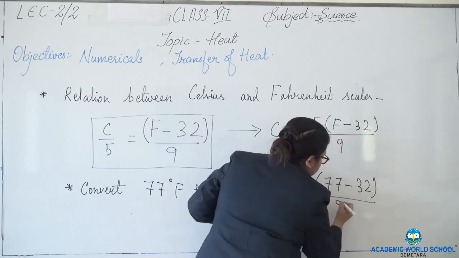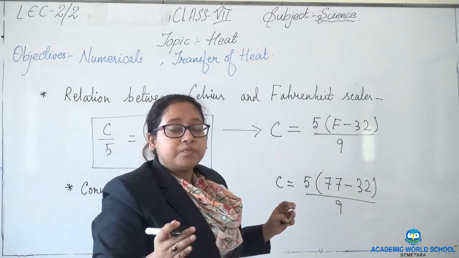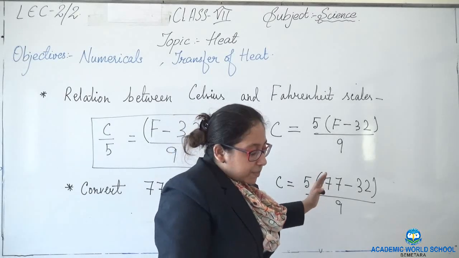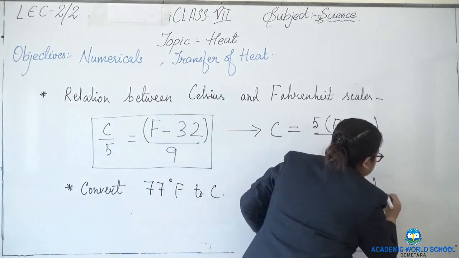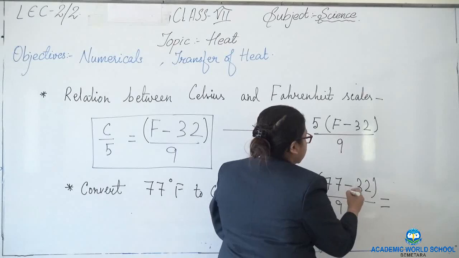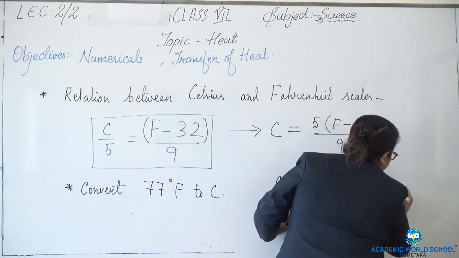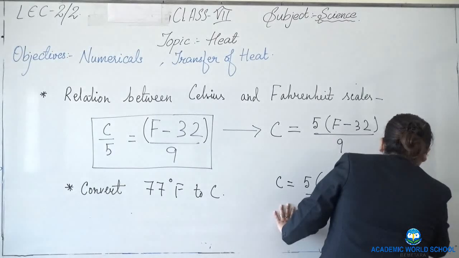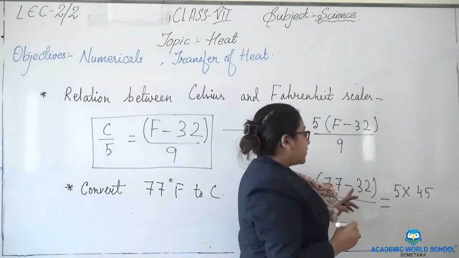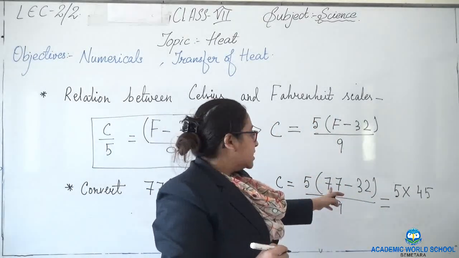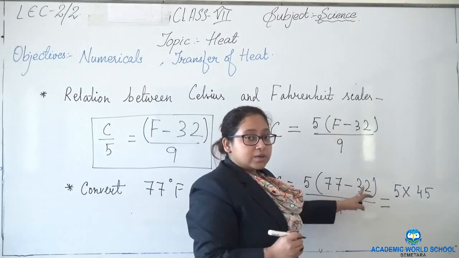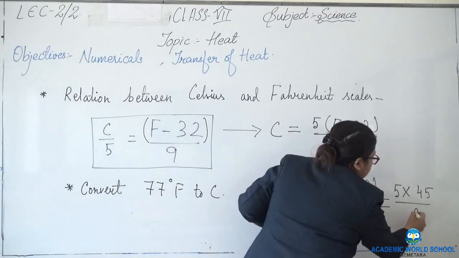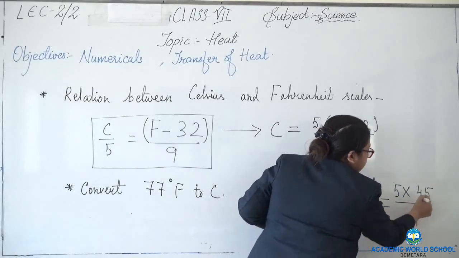by 9. Now as we know, when we solve, it is divided by 9. 45 gets cancelled by 9.